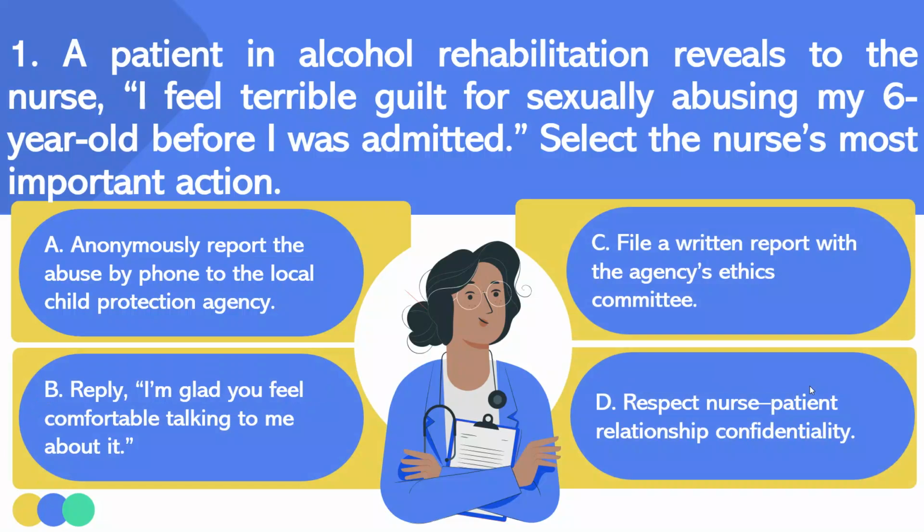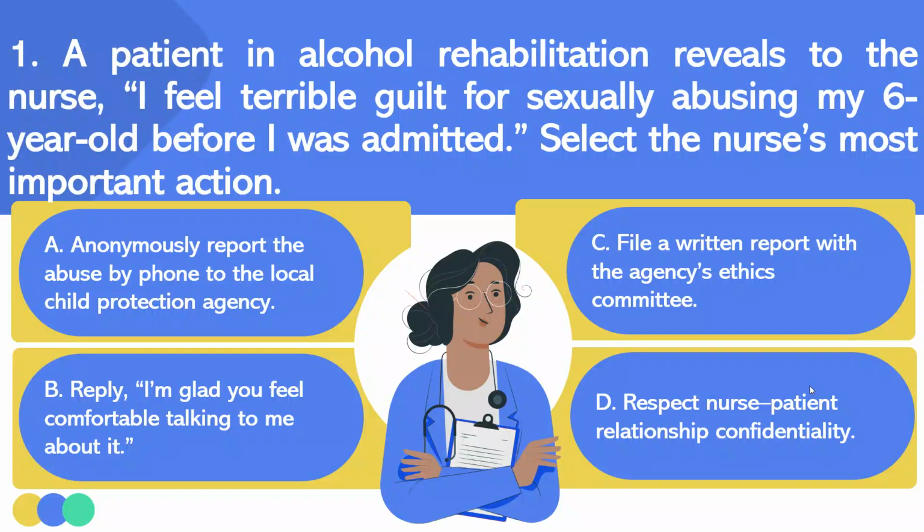So the best answer for number one is letter A, because it's very important that when we are reporting possible child abuse, it should be treated anonymously, and you have to report it immediately because that's a violation of the child's right.